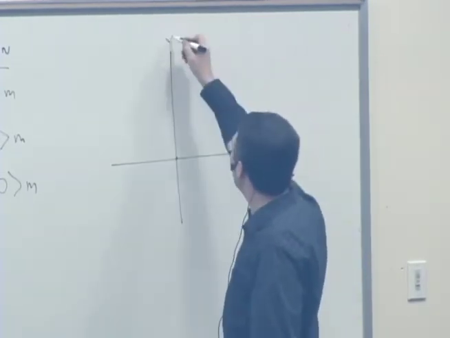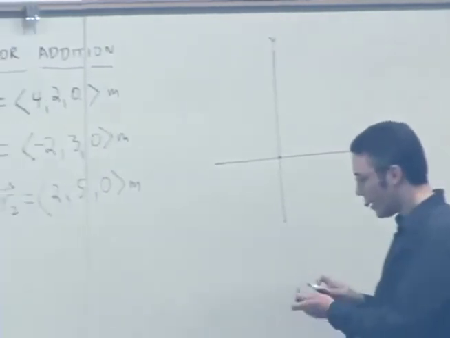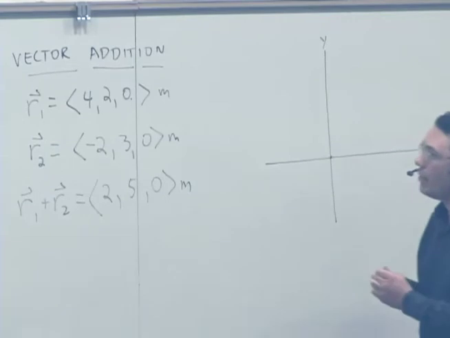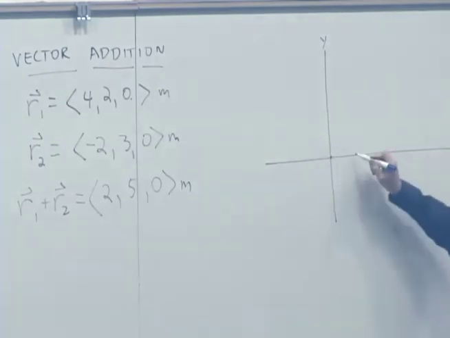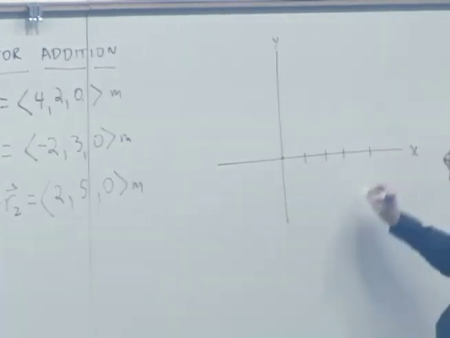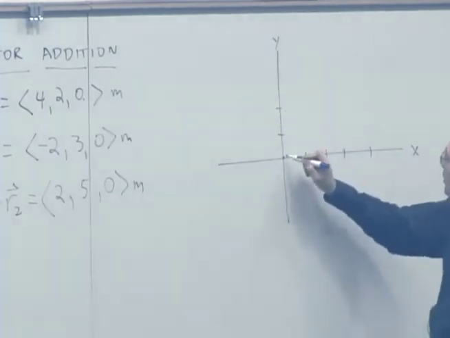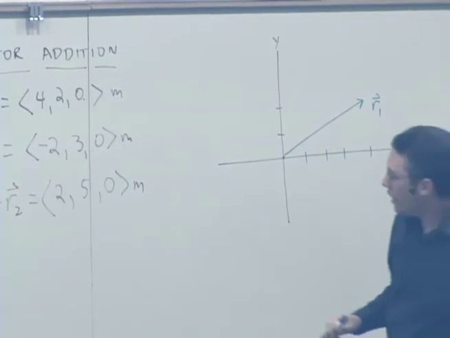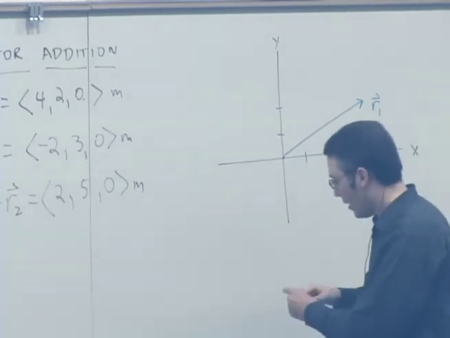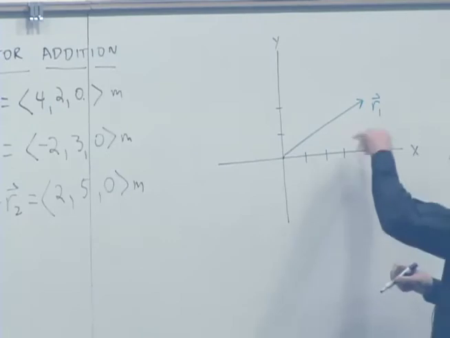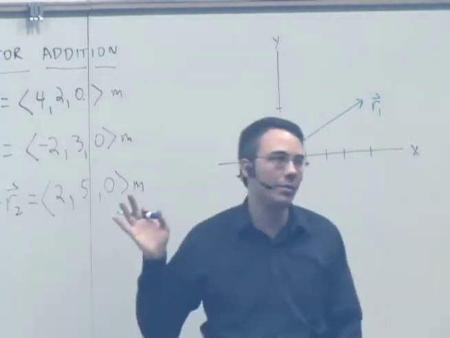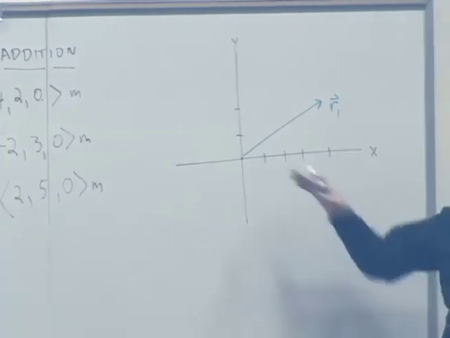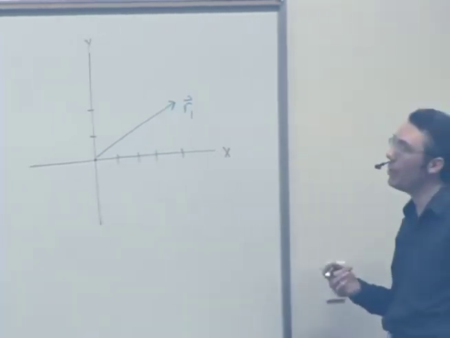So I'm just going to draw the y and x directions here. And if I have <4, 2, 0>, so that's 1, 2, 3, 4, and 1, 2 units, that is vector R1. And if I place the tail of vector R2 at the tip of vector R1, which I can do, I don't have to draw these vectors all stemming from the origin.